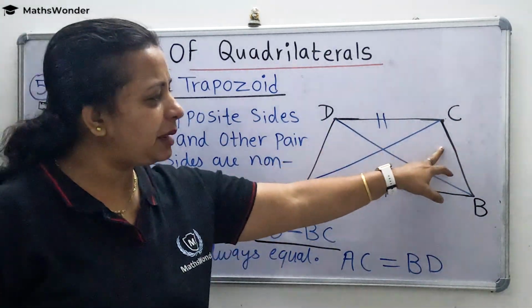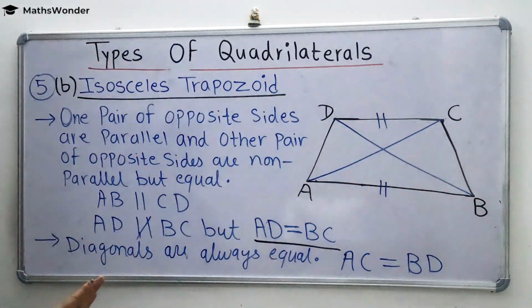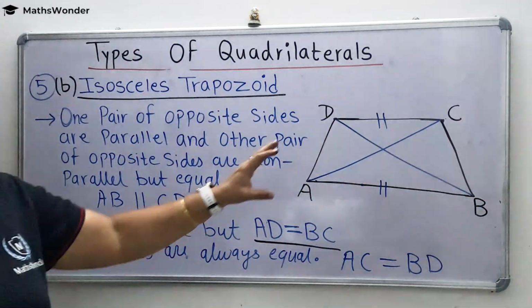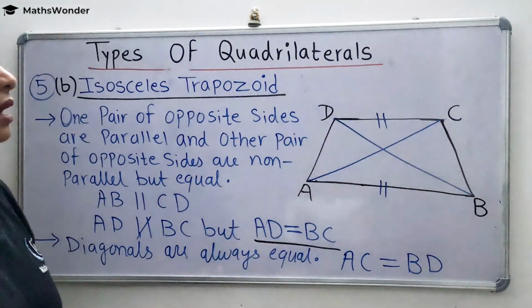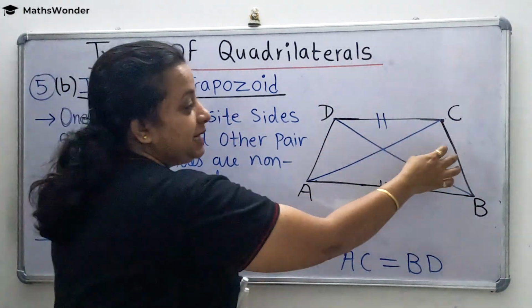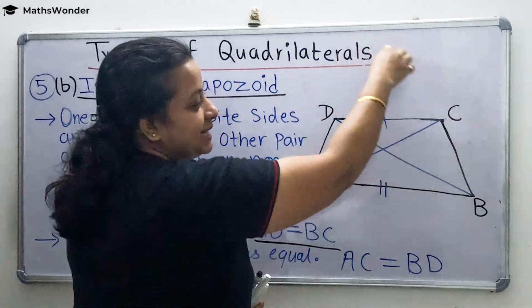They are going in like this. If you extend these two sides, AD and BC, actually they will meet when you extend them.